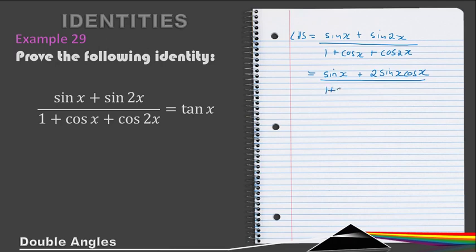Now this one we need to think about a little. What will be best to replace cos 2x? Now if I look at this, we only have cos here at the bottom, so I'm going to try to replace it with the identity that only contains cos. So I'm going to replace it with 2 cos squared x minus 1.